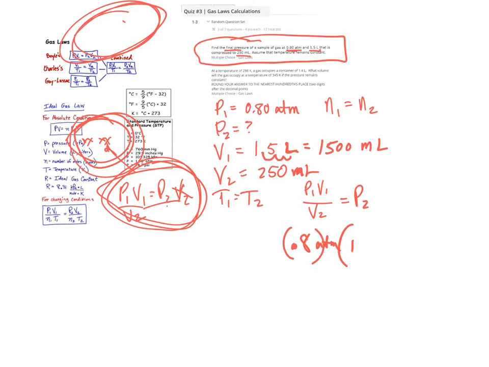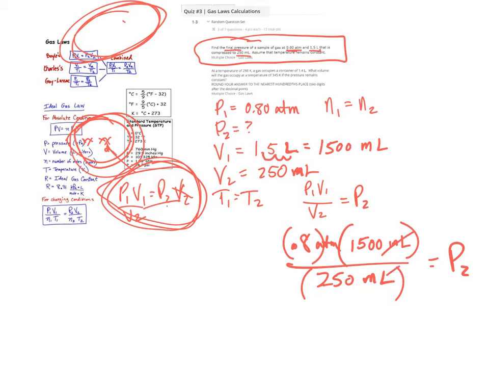Now V1 is 1500 milliliters divided by 250 milliliters, and that equals P2. Now the milliliters will cancel out. That's why they have to match. And then I'm only left with atm, which is what you measure pressure in.